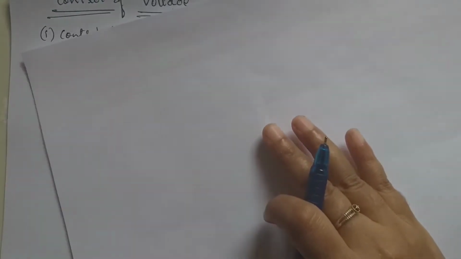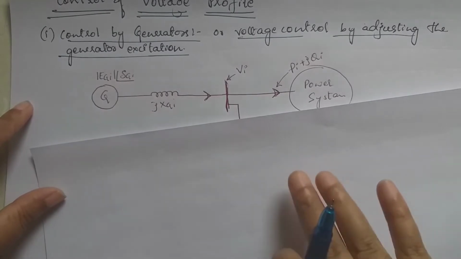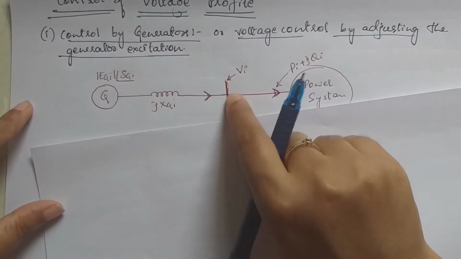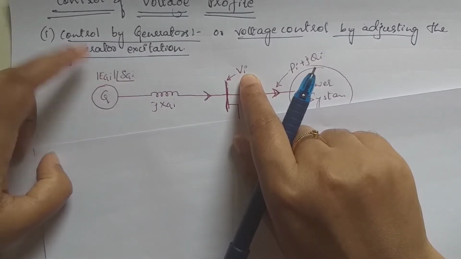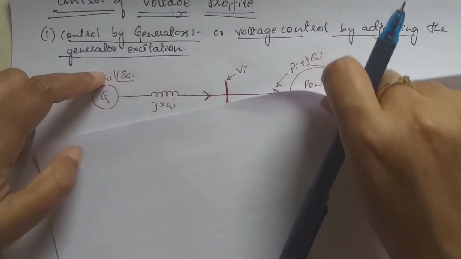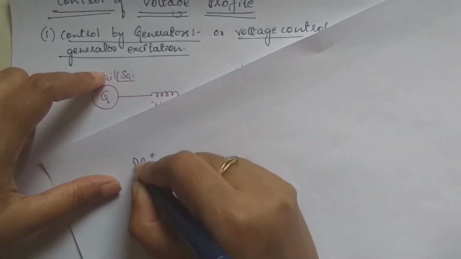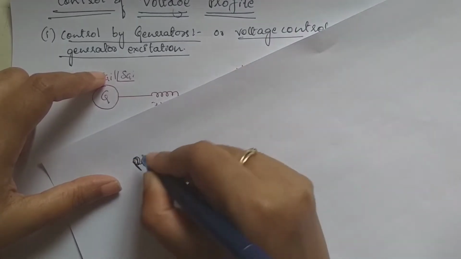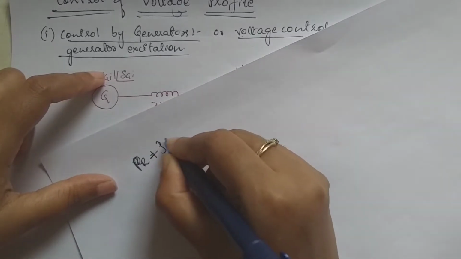So we will consider the same figure. We will consider the voltage at this bus as the receiving end voltage, and the voltage at the generation as the sending end voltage. The receiving end power SR is equal to PR plus jQR.